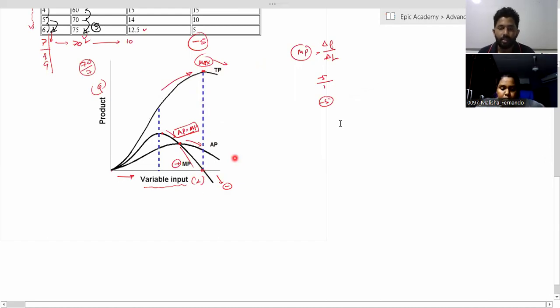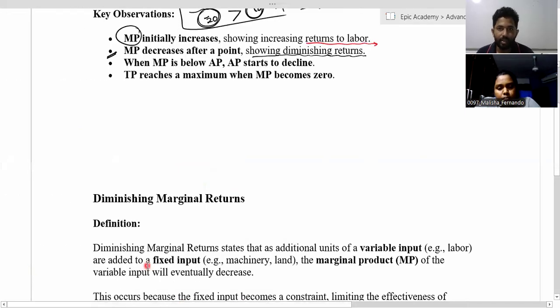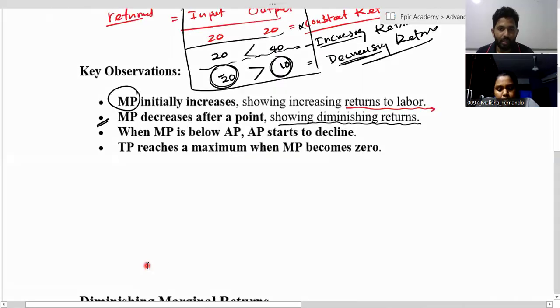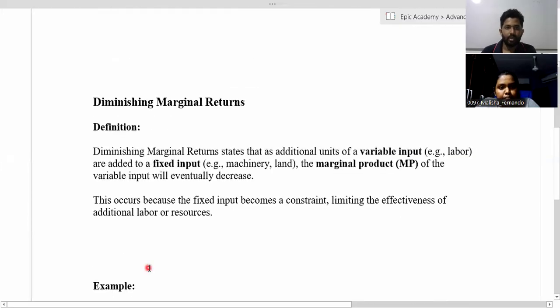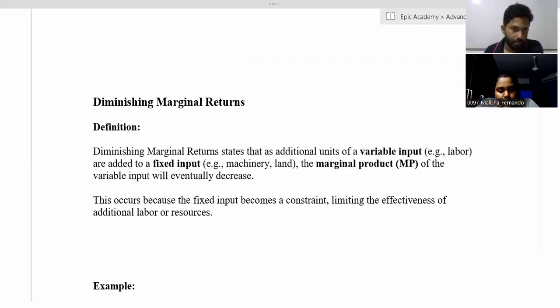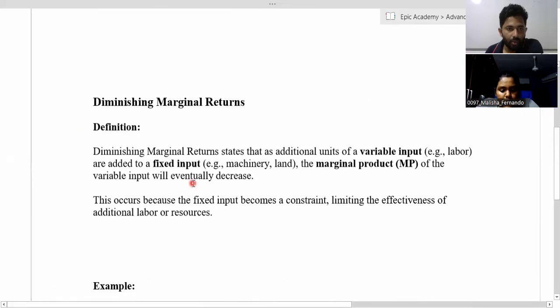Yes. So this is the relationship. It is very important to identify, okay? So a decision cannot be taken by the entrepreneur without knowing all those relationships. That is why it is providing better knowledge. Okay. So now we are going to identify the diminishing marginal returns.